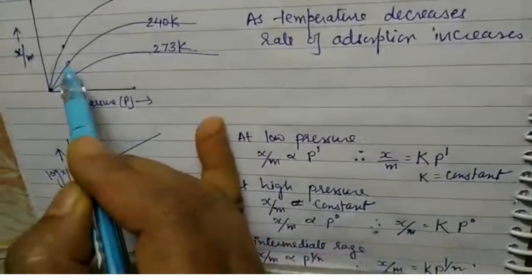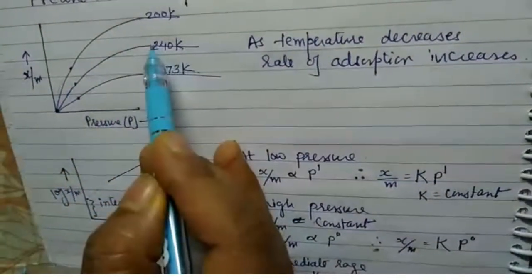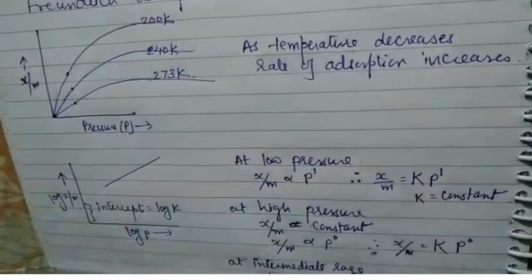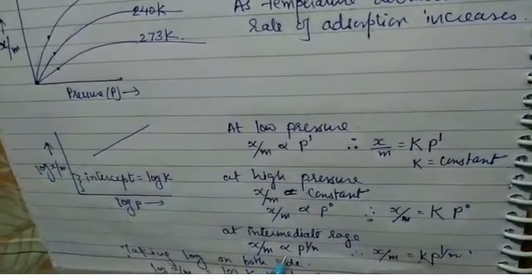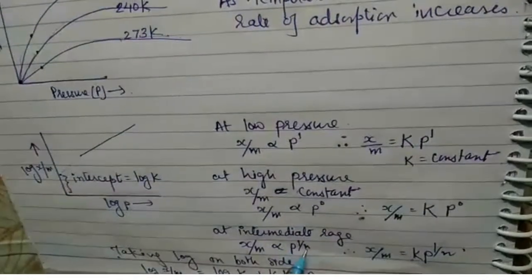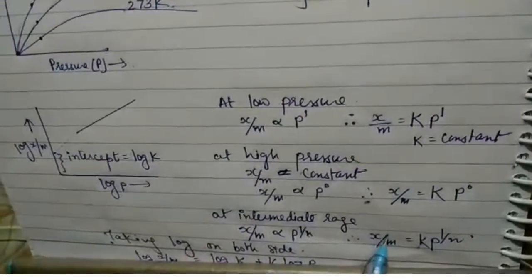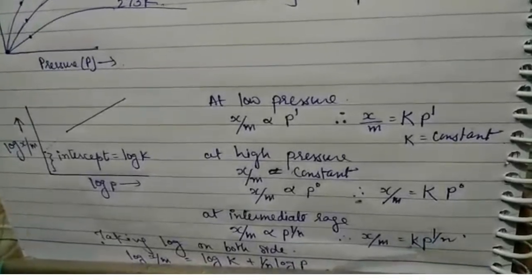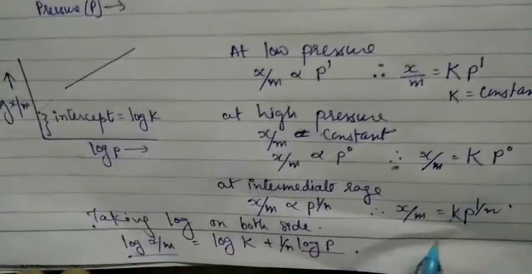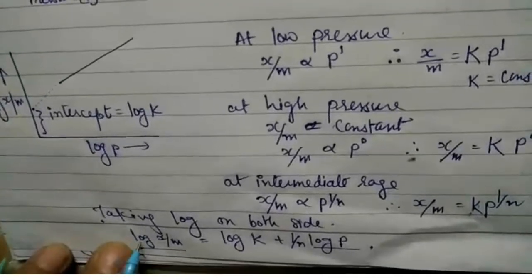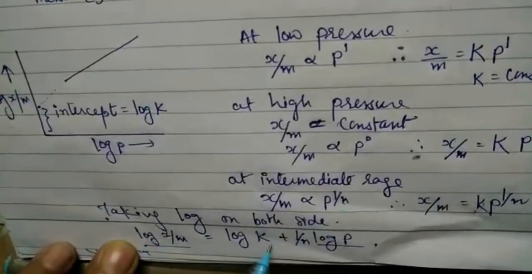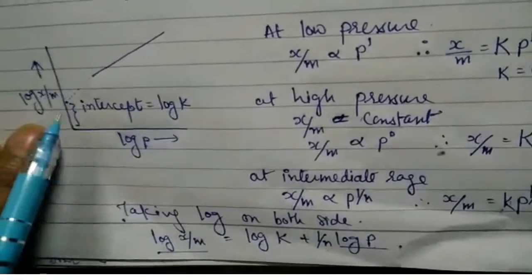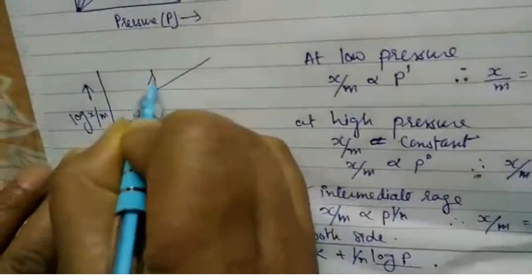But in the intermediate range, from the lower to the higher to the equilibrium state, the rate of adsorption is increasing over here. So x by m is directly proportional to P^(1/n), or x by m is equal to kP^(1/n), and taking log on both the sides, it will be log x/m is equal to log k plus 1/n log P. Here 1/n will be your slope.